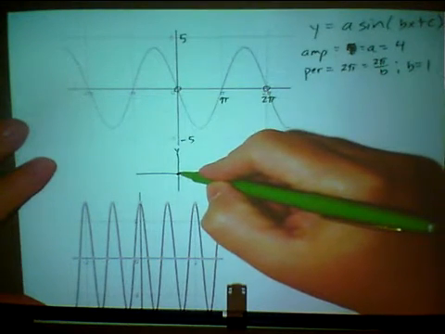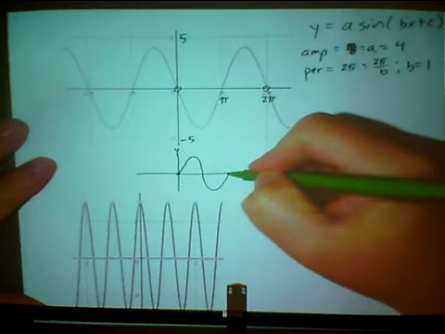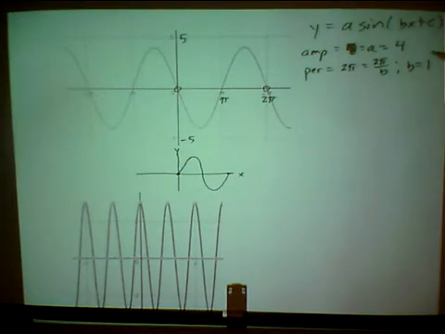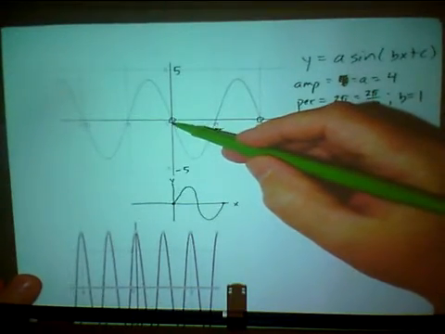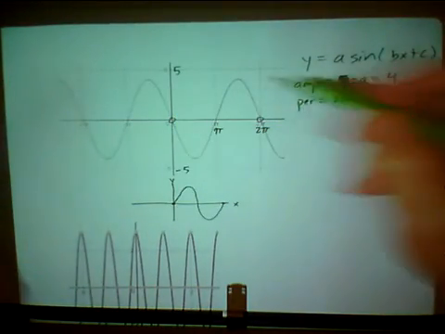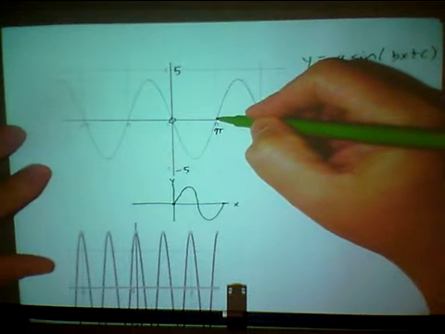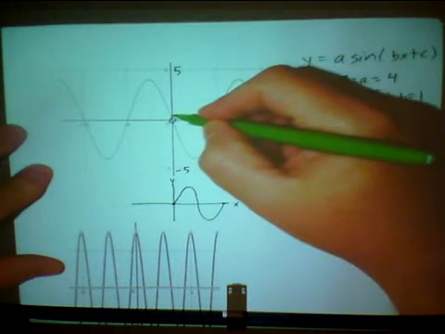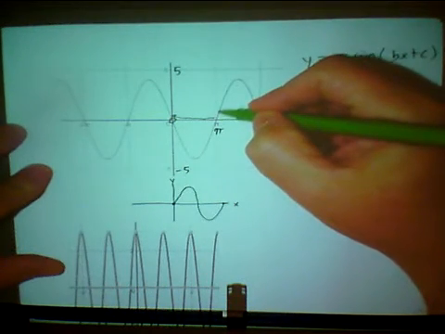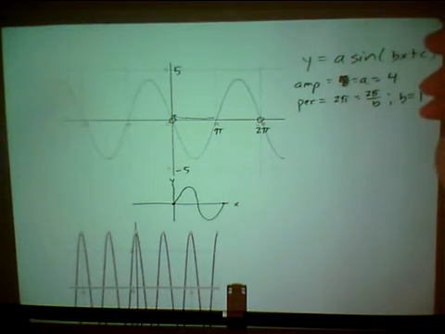So normally it's here, and then it goes up and comes down and finishes like this. But you see, we don't have that here, because here it goes down and then up. It's almost like if I were to take this graph and shift it over this much, then I would start here and go up and come down, and that would be normal.